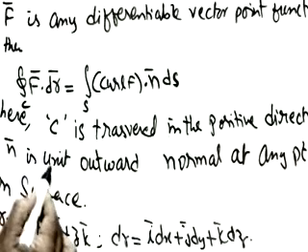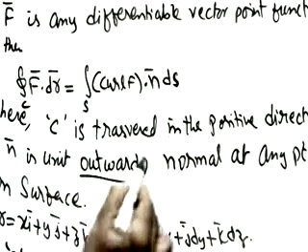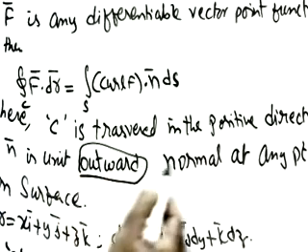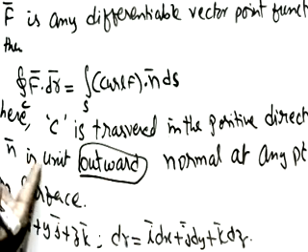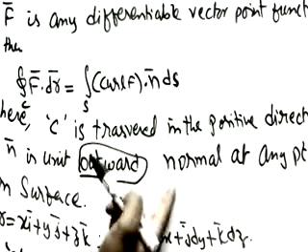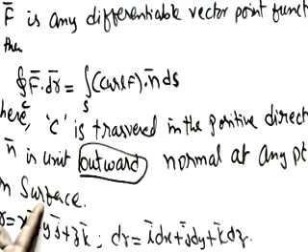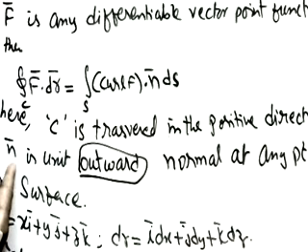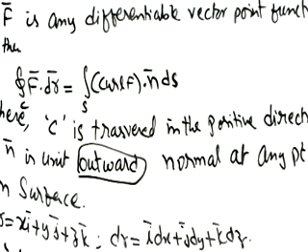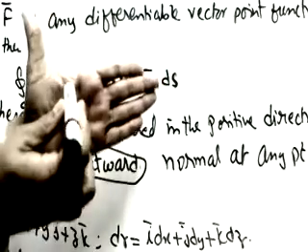N, you must remember this. What is n? N is a unit outward normal vector at any point on the surface. So we have to take n as a unit vector in the outward direction at any point on the surface.